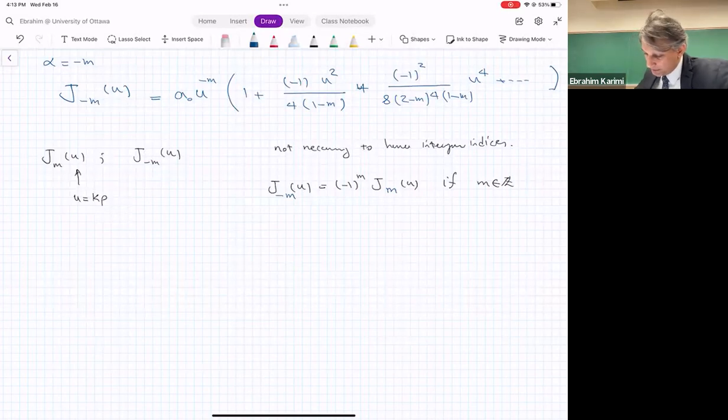So what people did, they built up another function, which they call a Bessel function of the second kind.